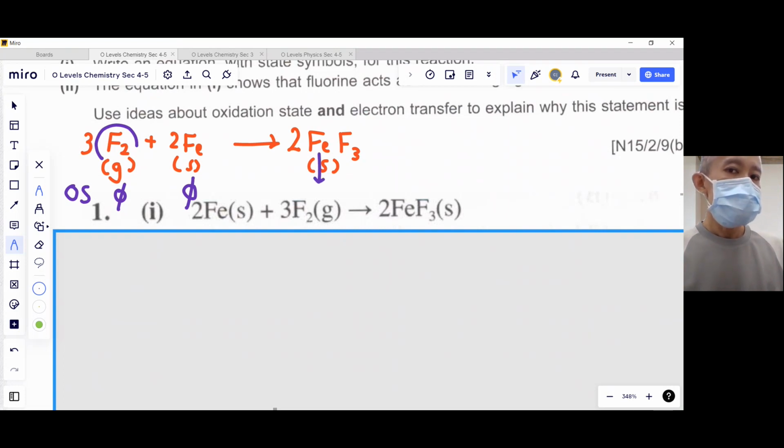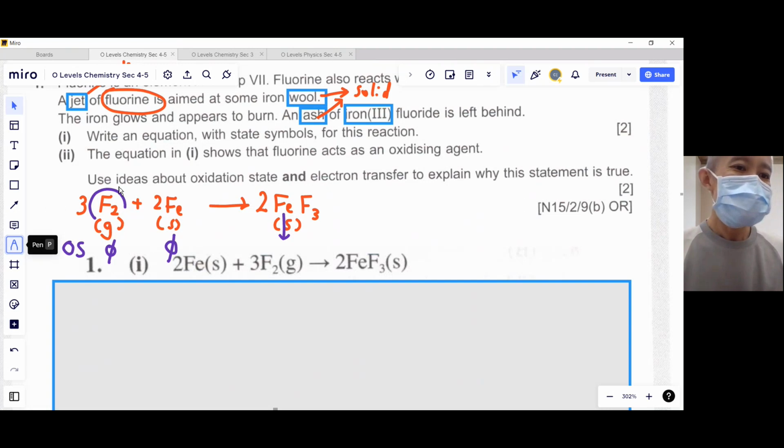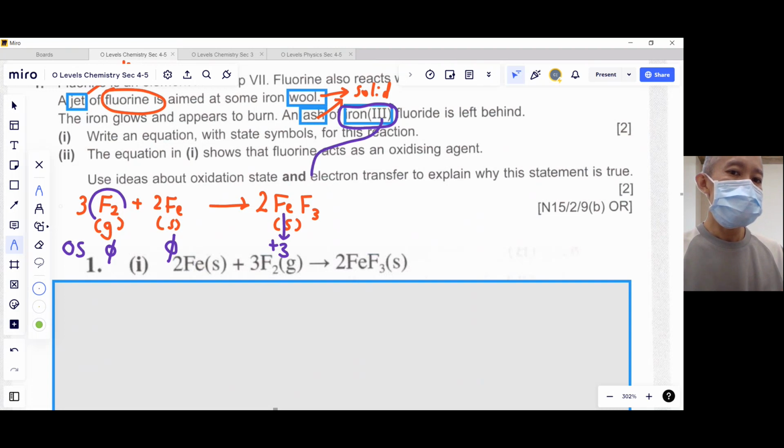But here, this is a compound. So what's the OS of iron? No need to think so much. The answer is right in your question. They already told you it's iron 3 fluoride. So immediately, the 3 here translates to the 3 there. Look at all these clues, they have provided a lot of clues here. And fluoride is a group 7 element, but now it is in a compound.